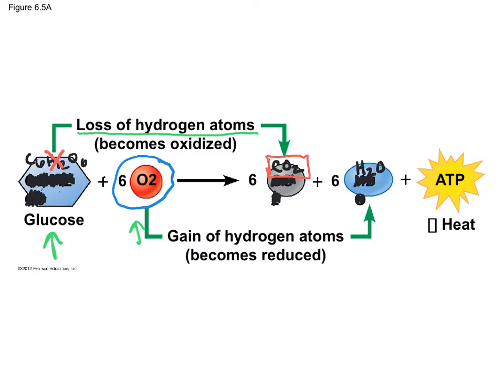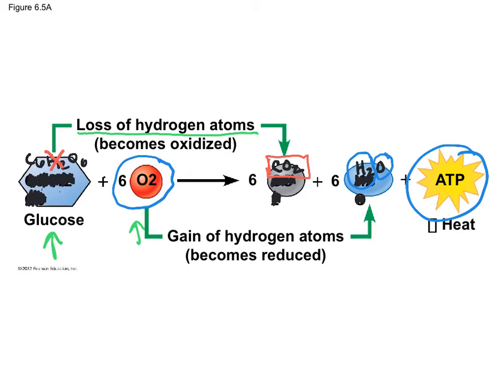Remember, reduction means adding hydrogens. So on the right side of the equation, here is that original oxygen, and we've added hydrogens to it. So we say that oxygen becomes reduced. And so by breaking those hydrogen bonds, we release that energy, and that energy goes towards creating ATP.